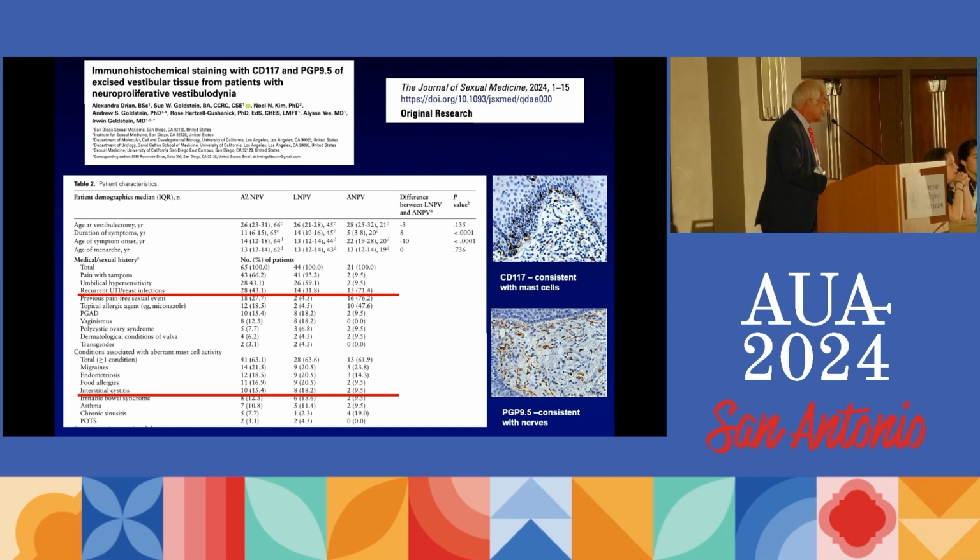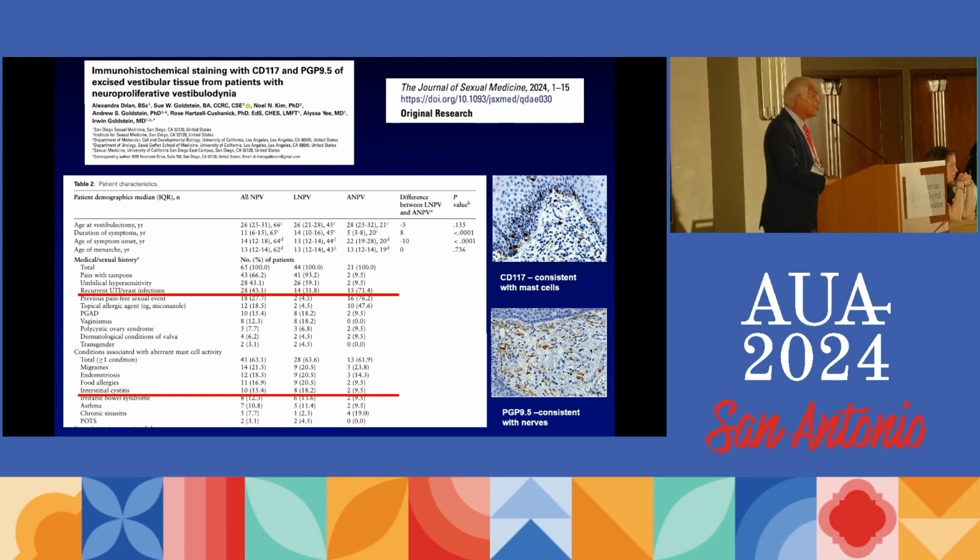One of the participants of this trial, if you look, it's called immunohistochemical staining. You'll see the alley drain, and underneath it says Andrew Goldstein. That's my son who's at UCLA, and he's a molecular biologist, and he's very involved in this study. We took women who had surgery for neuroproliferative vestibulodynia, and we went up to UCLA and did the microscopic analysis of how many mast cells and nerves they had, which is the picture on the right.